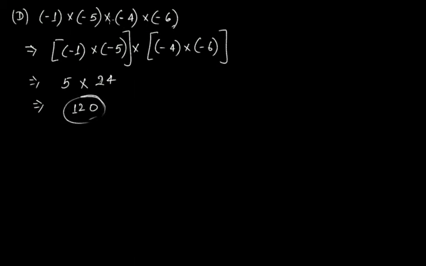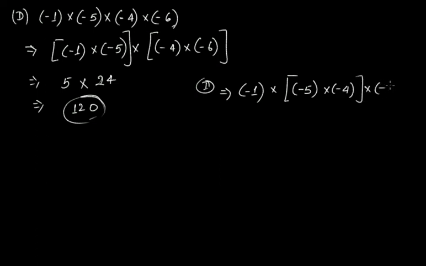And you can also group together this way. This is the second step. So minus 1 times, group together minus 5 and minus 4, and then you have minus 6, and this will give you minus 1 times 20 times minus 6.